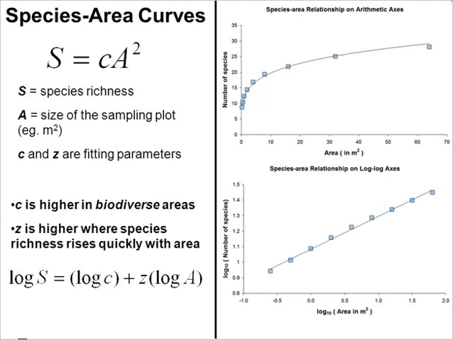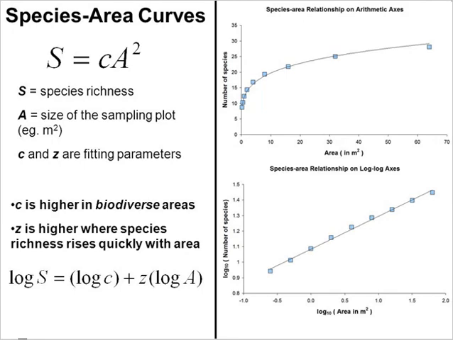Now, in most ecological systems, the number of species found increases non-linearly with the area that is sampled, right? This relationship that exists between area and the number of species is very important. It has important implications for conservation biology and for different types of resource management strategies.